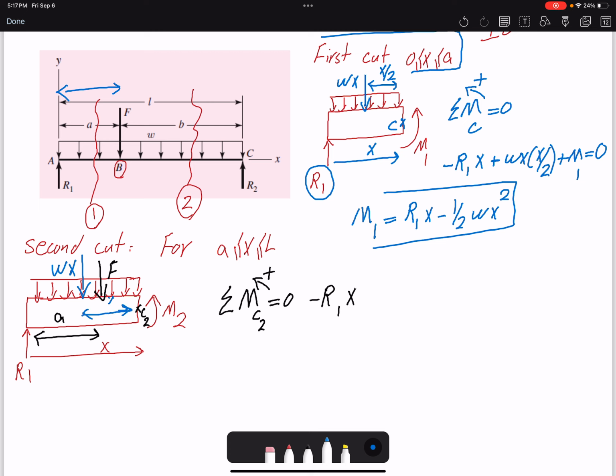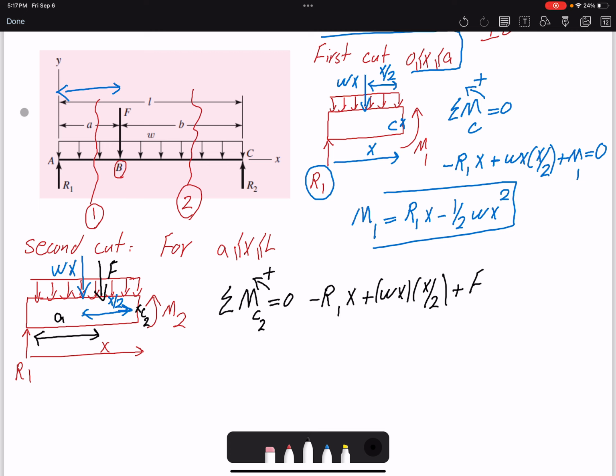So nothing has changed so far in that term, and it's creating a positive moment because it's counterclockwise. The only additional component is F, which is creating a counterclockwise moment, so it's positive. The magnitude is F, and the moment arm is this distance.